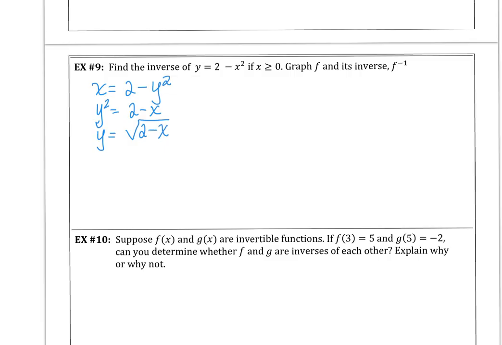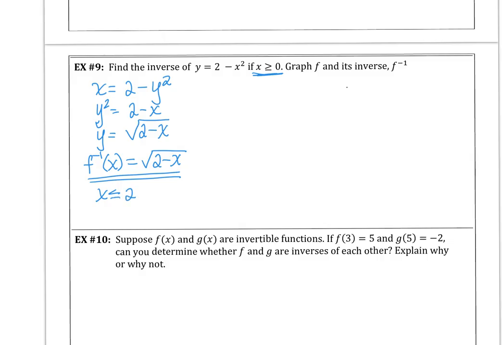I'm not taking the plus and minus square root because they said we want to restrict the function at x greater than or equal to 0. So first things first, our f inverse function is the positive square root of 2 minus x, which means our domain is x less than or equal to 2.